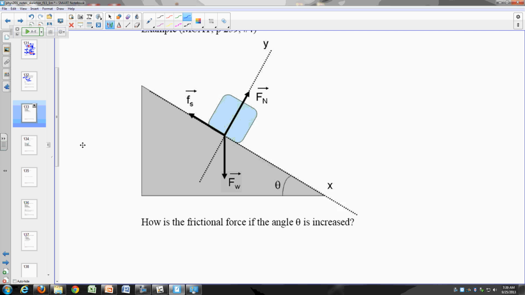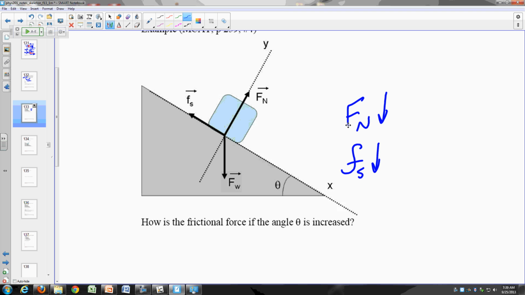What happens to the normal force if it goes all the way vertical? It zeroes out, right? It goes away completely. So as you increase the angle, what happens to the normal force? It decreases, right? So the normal force decreases, and so the static friction will also decrease.